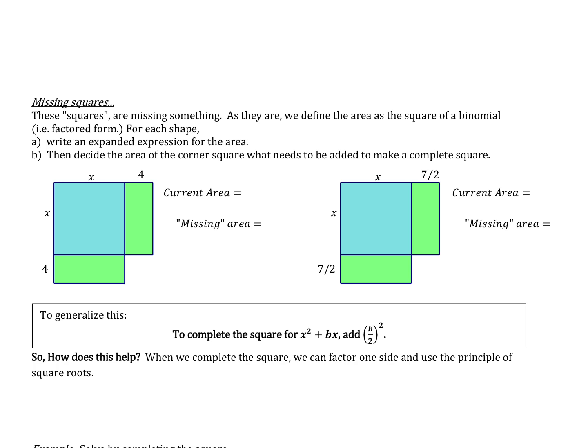So what if we have a square that is not complete, if it's missing some area? Well, let's look at these shapes here, and we want to find their area and write an expression for it. We're going to write an expanded form, and then we're going to decide what is the area we need to fill in that gap.